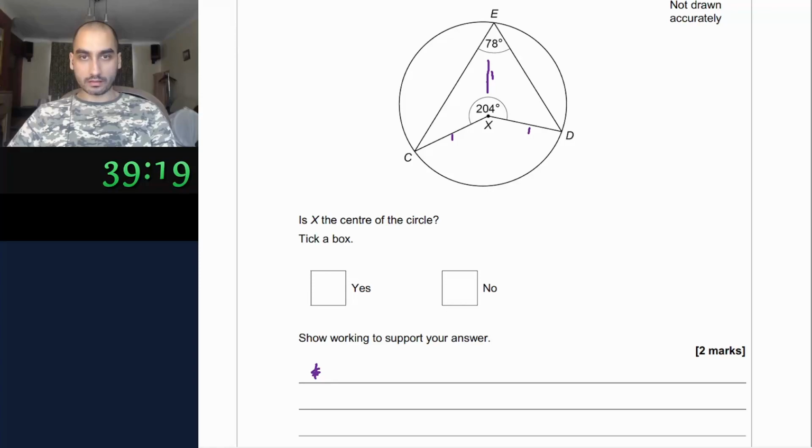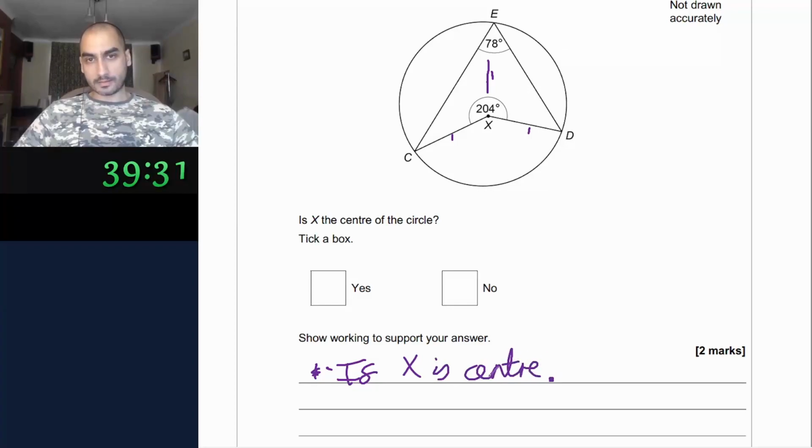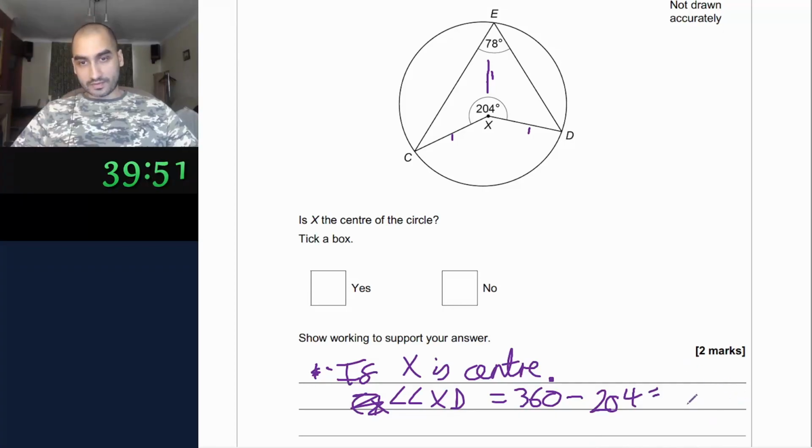I think that if X is the center, CXD equals 360 minus 204 equals 156.